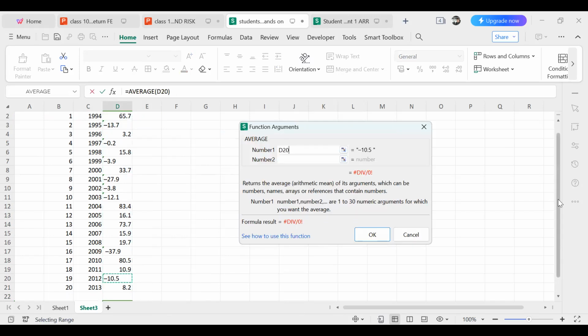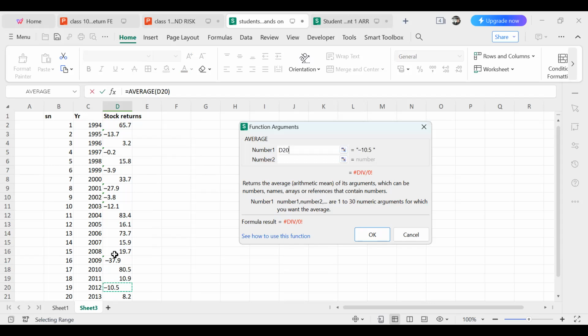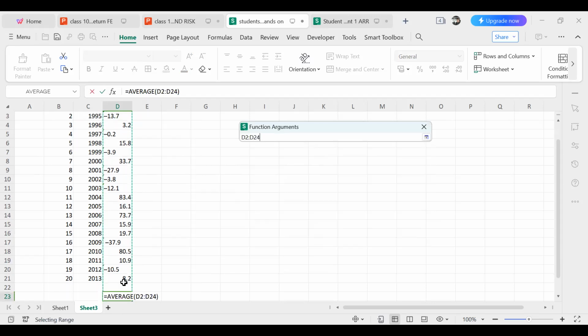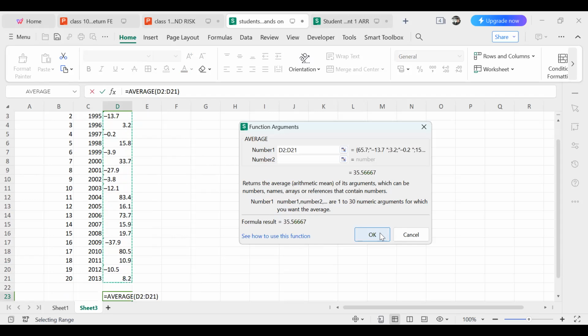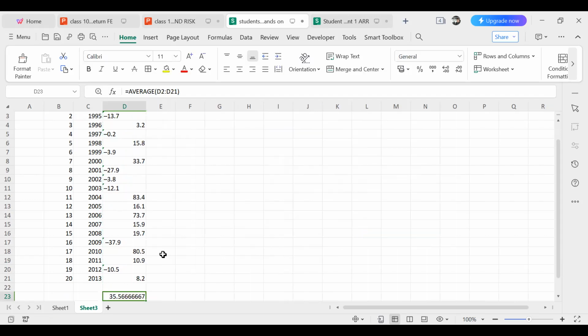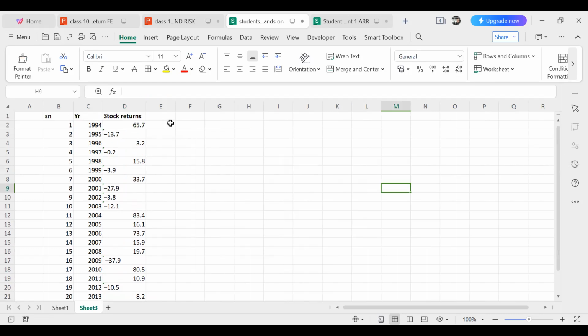How much did you get for the average rate of return? 35.57. The next step is to take the deviation.